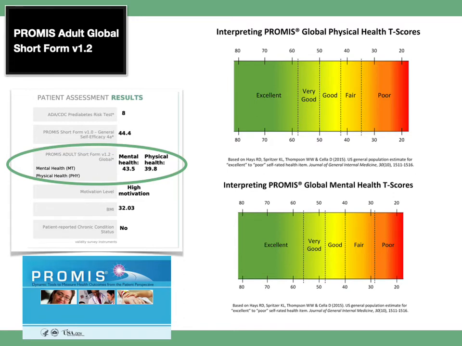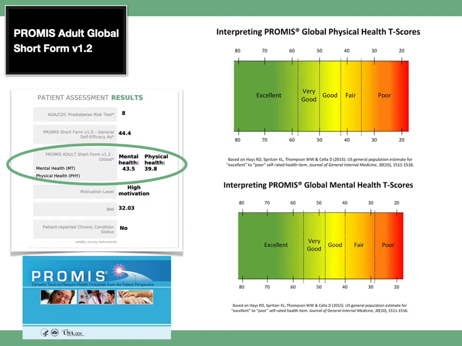Therefore, a person with a T-score of 40 is one standard deviation below the mean. Knowing a person's T-score lets you know how this person compares to the reference population. For a more detailed overview of PROMIS interpretation, click on the link below and watch a 4-minute video from Nan Rothrock from Northwestern University.